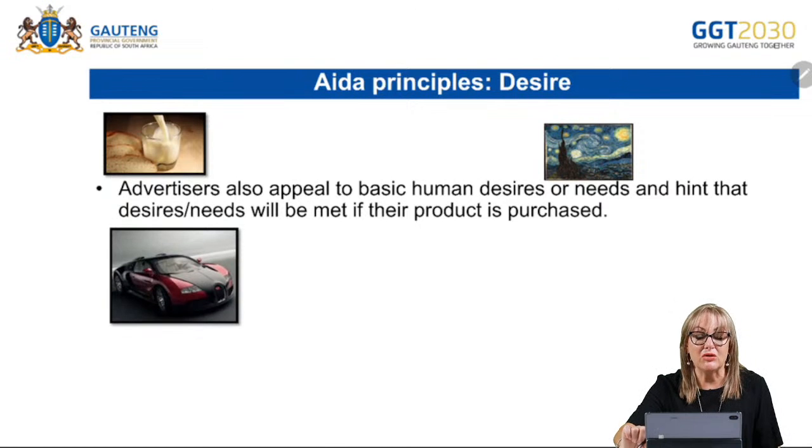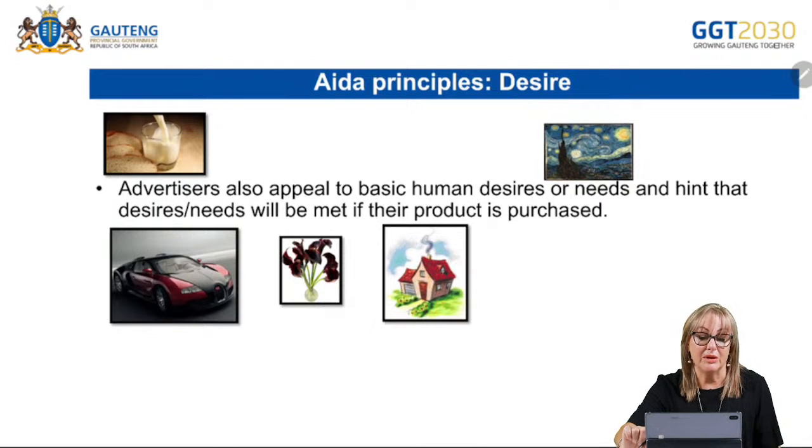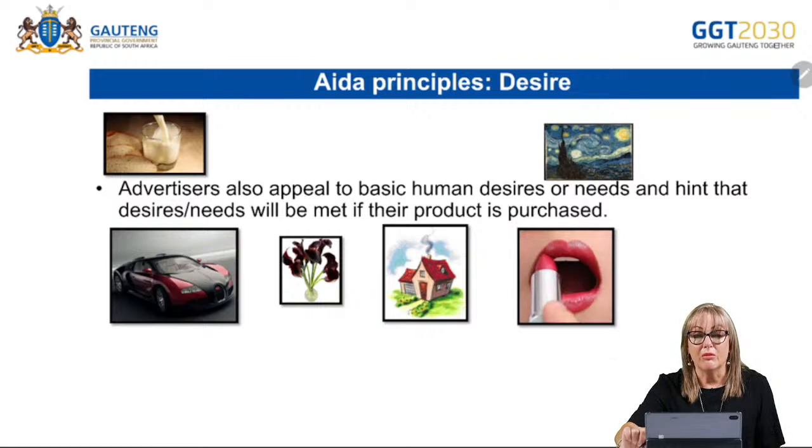I've just given you a few pictures of things that people would love to have. A nice car, some flowers, a house. Many people would like to stay in their own house. Makeup, us girls again. Ooh, cell phones. I need that latest cell phone, otherwise I won't survive.